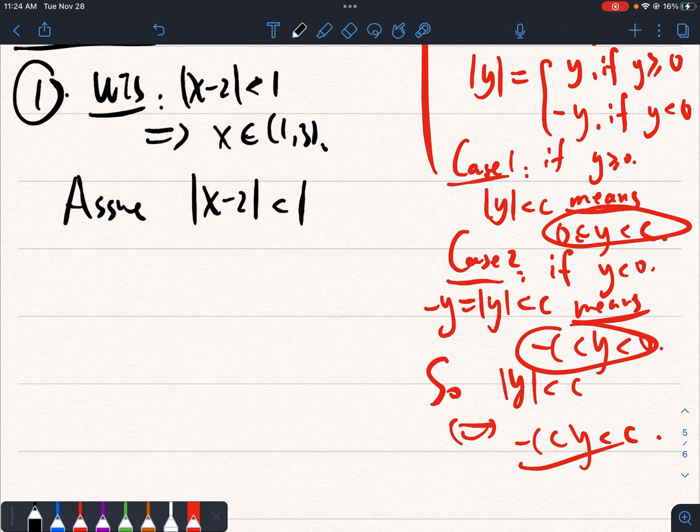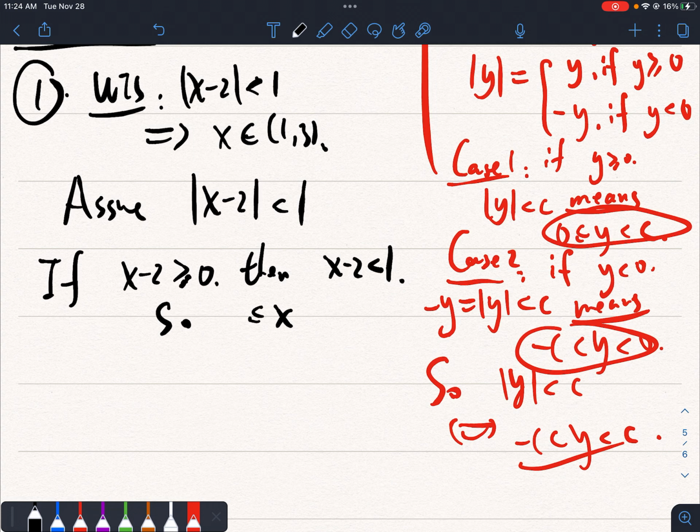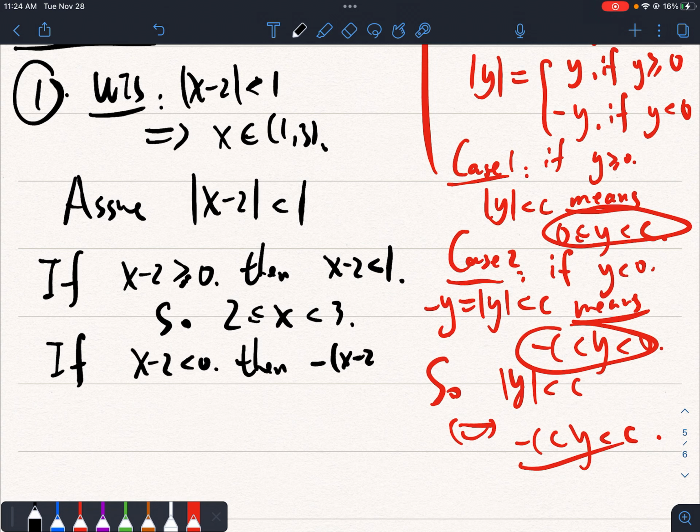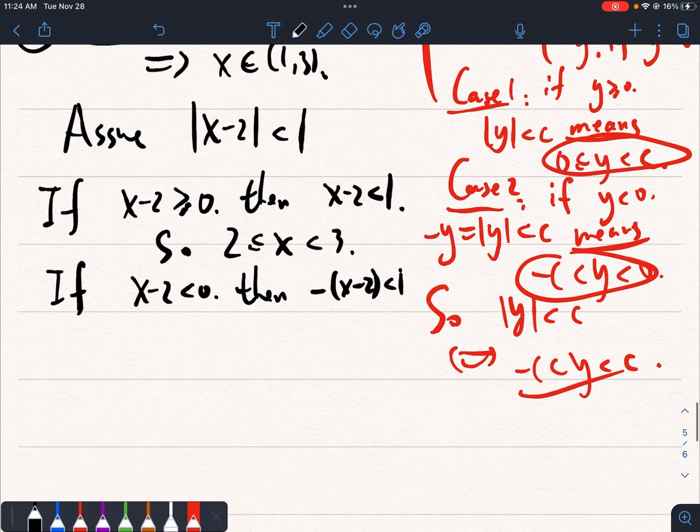So we separate into two cases. If x minus 2 is bigger than or equal to 0, then this must be less than 1, but also this is true. So this means x must be between 2 and 3. And if x minus 2 is less than 0, then the absolute value becomes the negative of it, which is negative x minus 2, and this is less than 1.